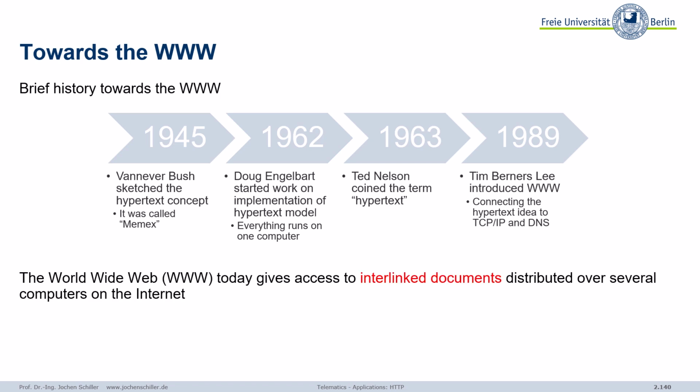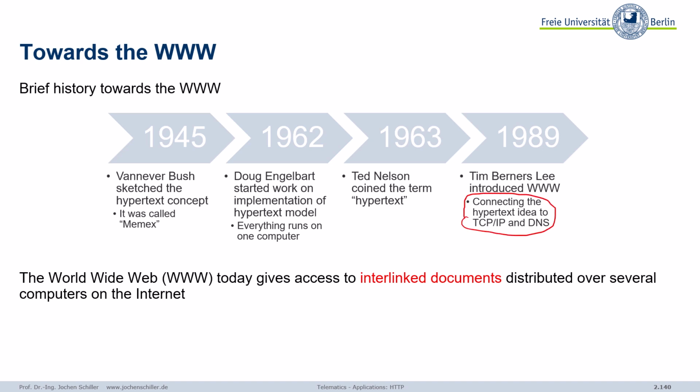But then we had the internet itself, and then Berners-Lee came up with the basic idea of the World Wide Web, which then became famous in the mid-90s. And the key idea of Berners-Lee was actually connecting this hypertext idea with TCP and DNS. And this is why we need the internet.